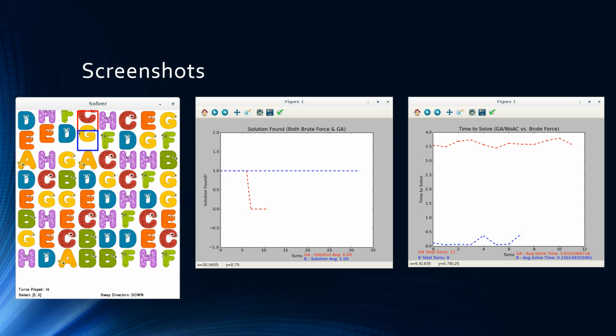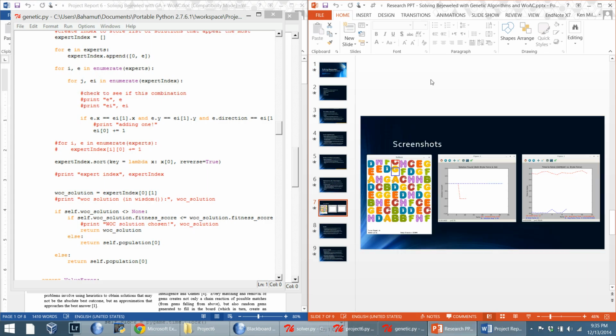Versus the genetic algorithm, which took about 3.6 seconds to solve, which was fairly representative of having a population of 50 and 10 generations. Having only 30 in the population reduced that by 1 second, but you could safely assume the performance would get much worse as that population increased.